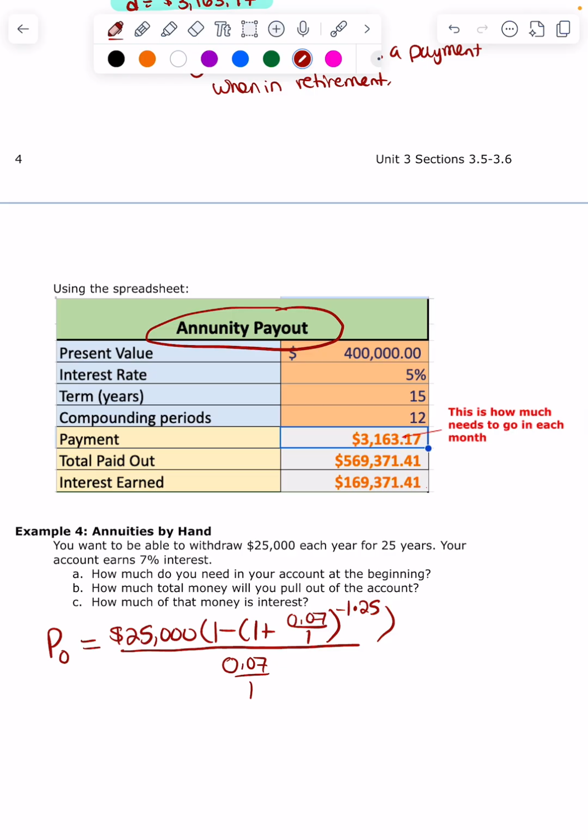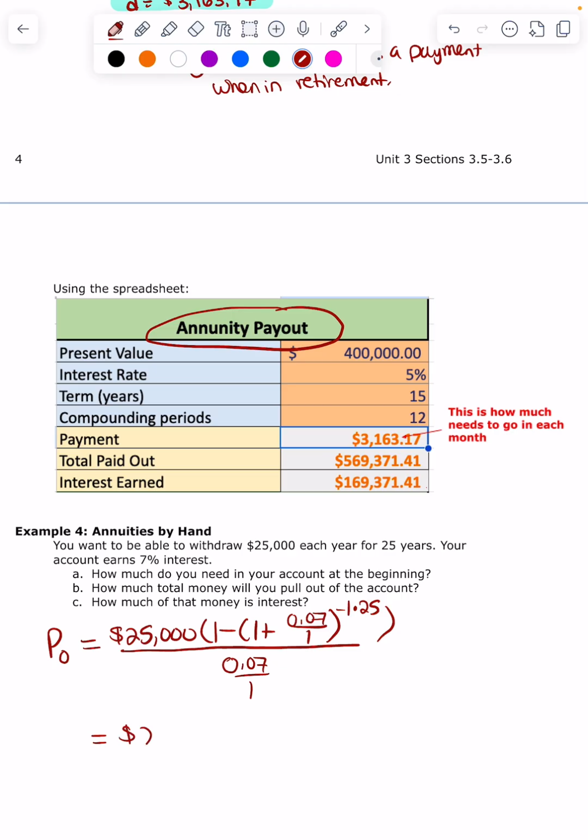So I'm going to start with a fraction, and then on the top type 25,000, parentheses 1 minus parenthesis 1 plus 0.07 divided by 1, right arrow to close the parenthesis, exponent, parenthesis, -1 times 25, close the parenthesis and the exponent, close the parenthesis in the top, and then go to the bottom, 0.07 divided by 1.